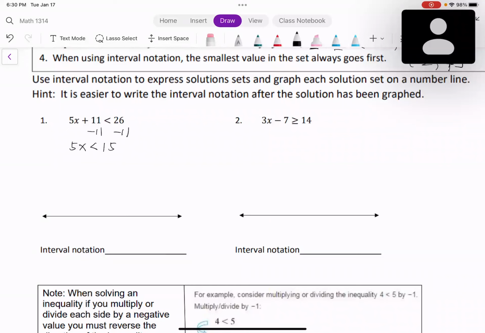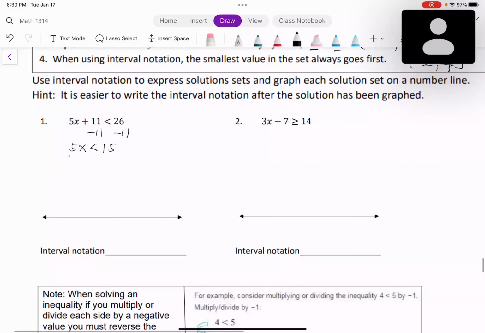So if you subtract or add any number on the two sides of an inequality, or three parts of an inequality, it doesn't change the value of x, or the direction of the symbol. Just like we're solving an equation.